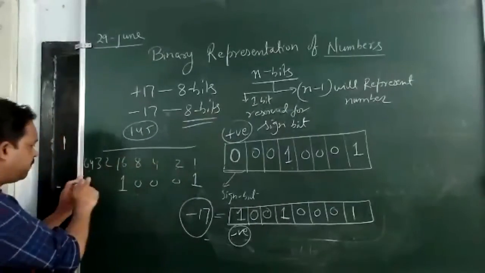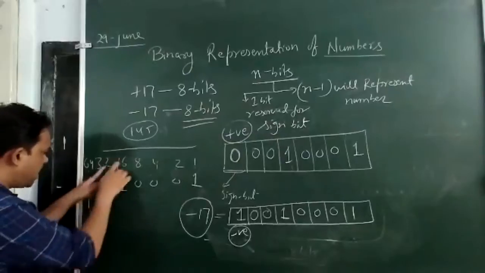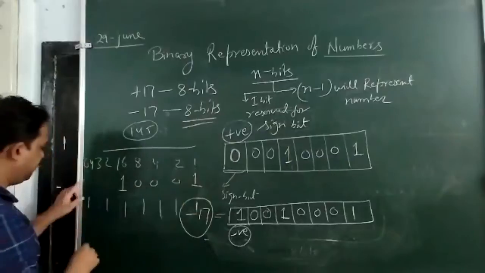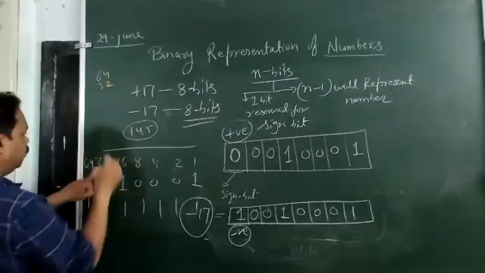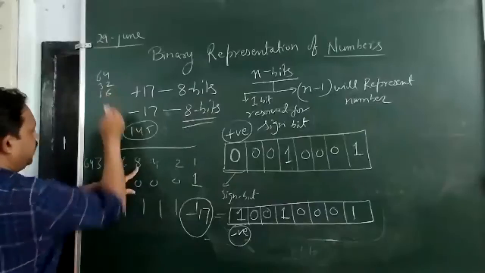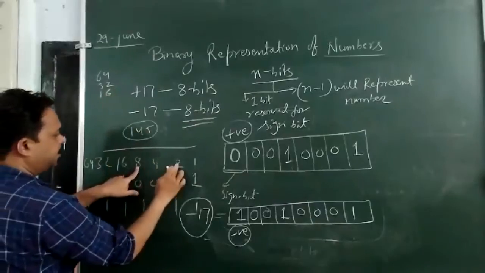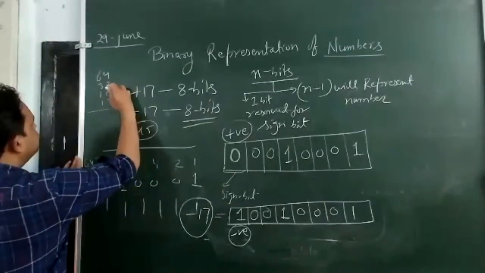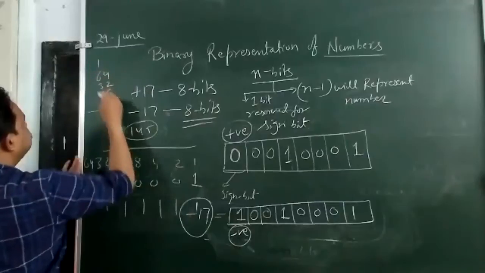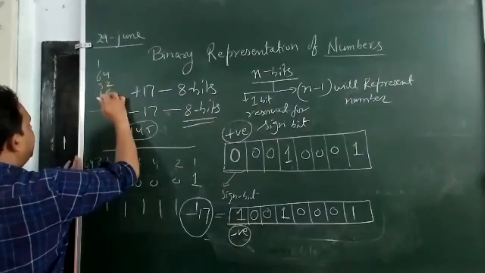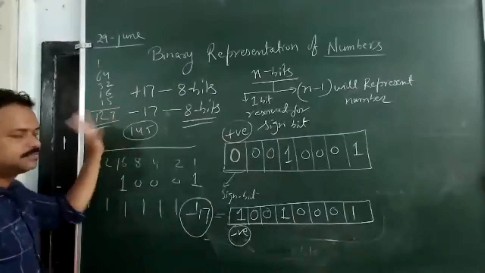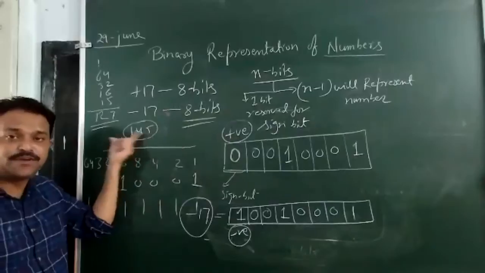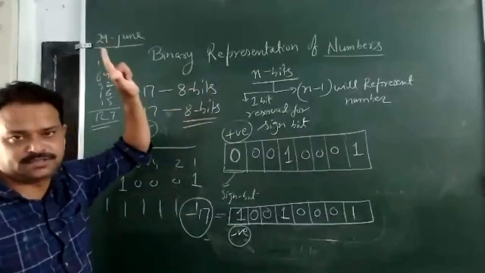If I keep 1, 1, 1, 1, 1, 1, 1, it means 64 plus 32 plus 16 plus 8 plus 4 plus 2 plus 1, which is only 127. It is not possible to represent 145 using 8 bits.